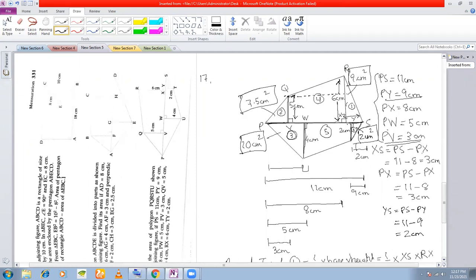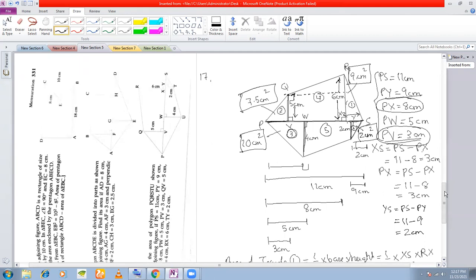And how do you find the length of VX? This length, the dotted line length. VX, if you see, is PX minus PV, right? Do we know the length PV? Yes. And do we know the length PX? Yes, we know.